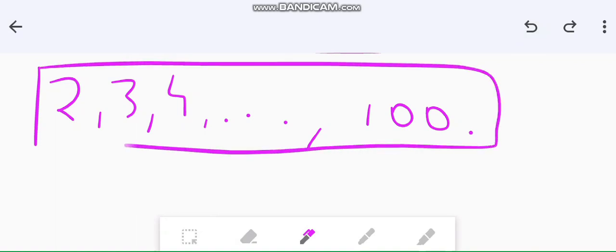We could have started from 1, no problem, but the primes start from 2, that's why. So the first number is 2, and 2 is a prime number, right? But the multiples of 2 can never be prime.